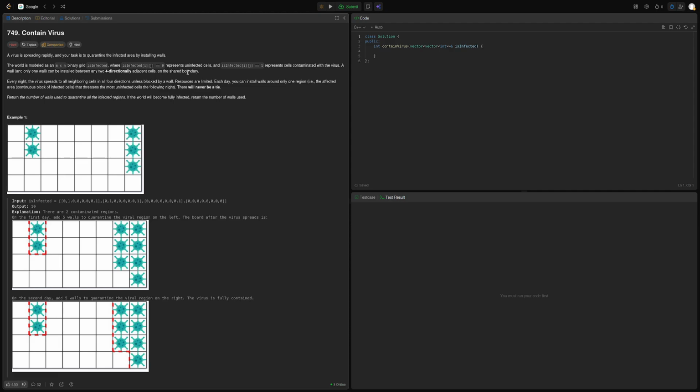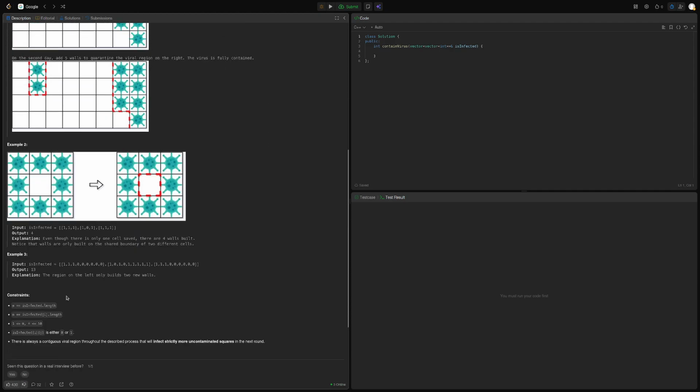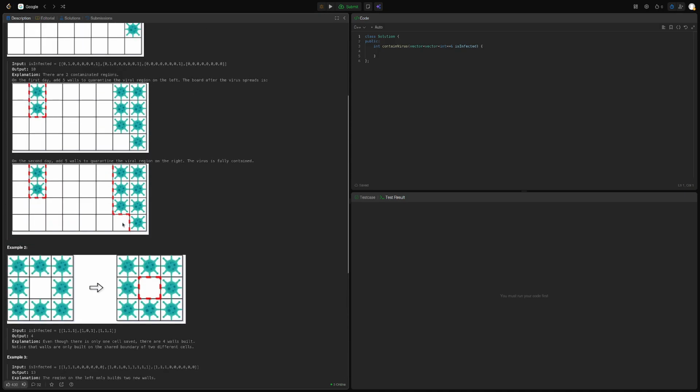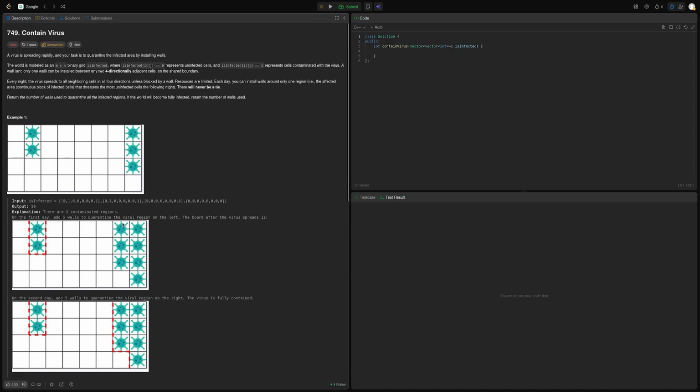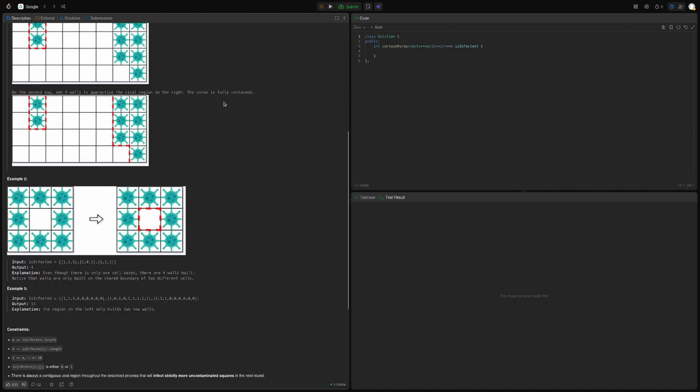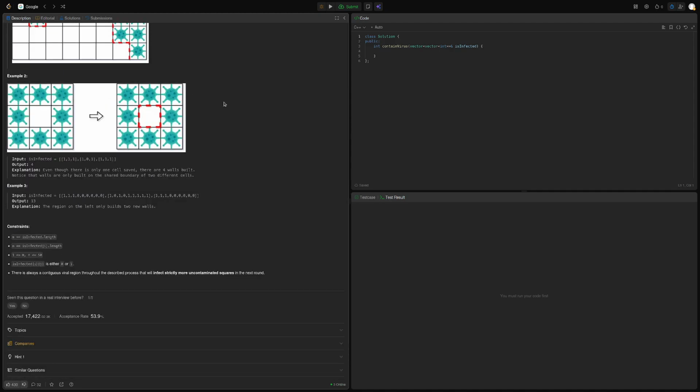Okay, so how big is the board? 50 by 50. Return the number of walls used. What the hell?